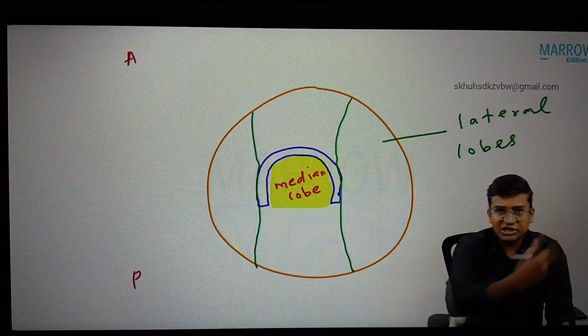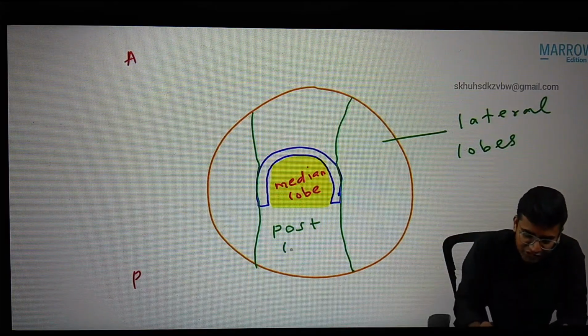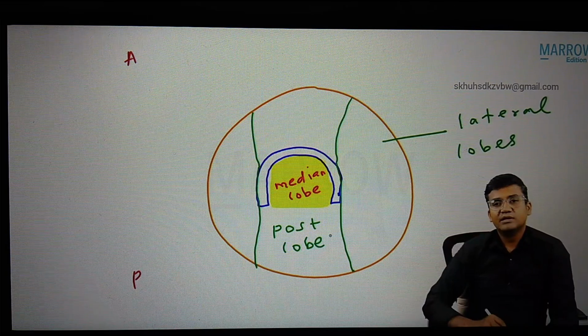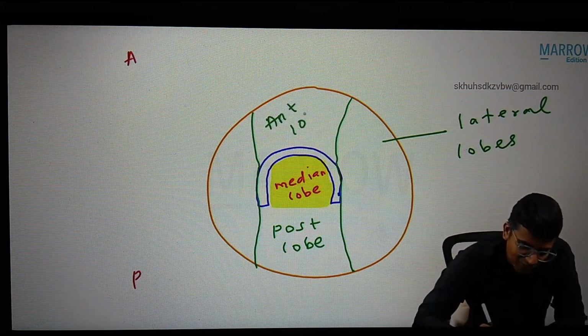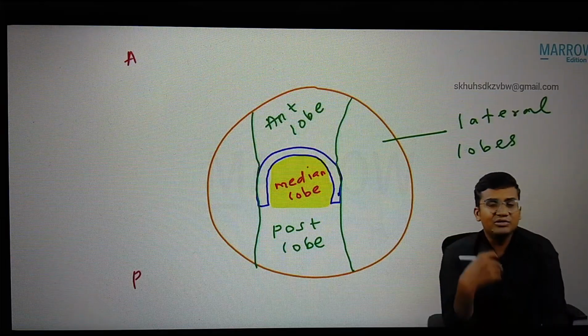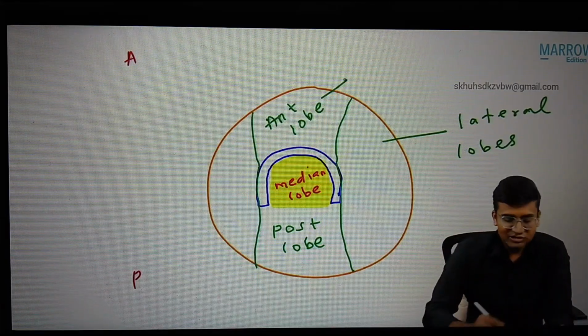The lateral lobes continue behind, posteriorly, and form the posterior lobe. Again, the lateral lobes continue on the front side, and that is called the anterior lobe. The anterior lobe lacks the glandular part.